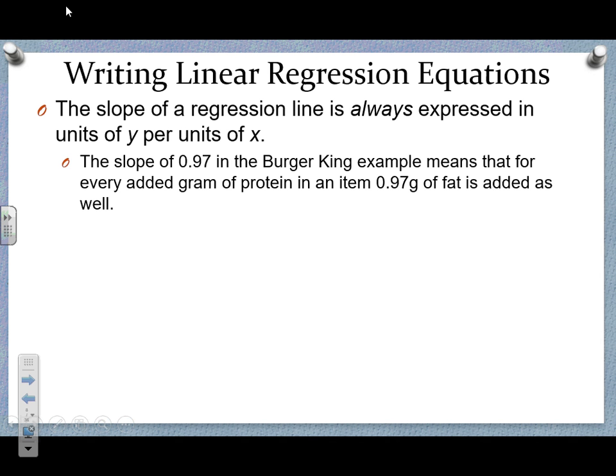Now, what if we had gone through the whole process here, and we had a slope that was like negative 1.6? If we had a completely different set of data and our slope comes out to be negative 1.6, then I would say for every 1 unit increase in x, what's going to happen to y?